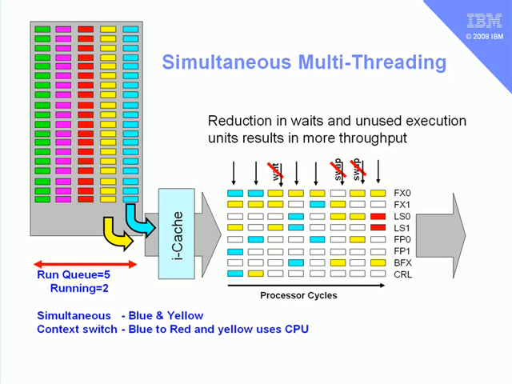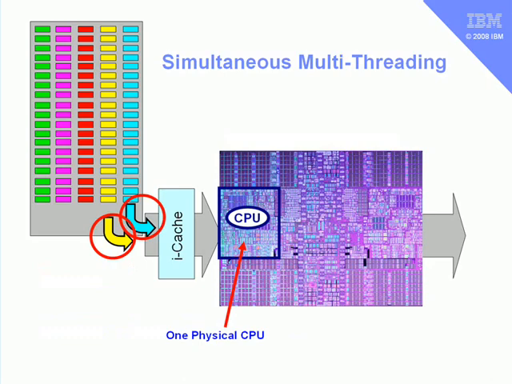And with Power 6, because of internal changes and the scheduling of the instructions, we actually get something like 40% improvement with SMT. So we have a single CPU here operating, but it's running 2 programs at the same time.